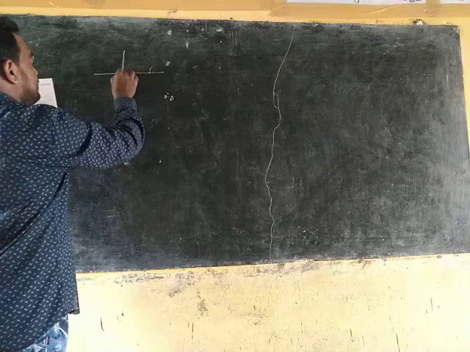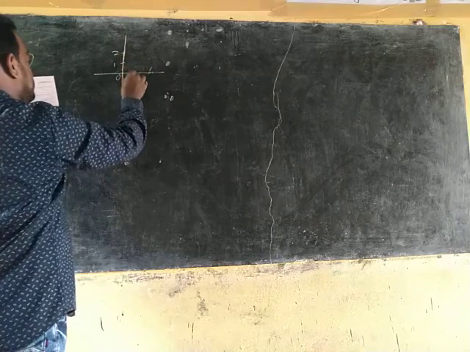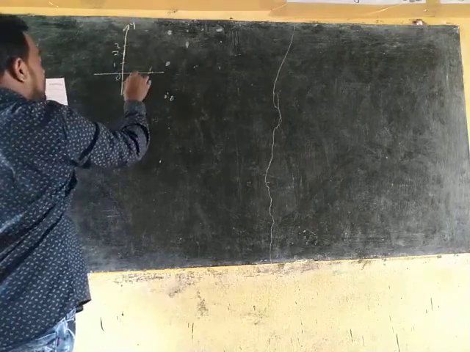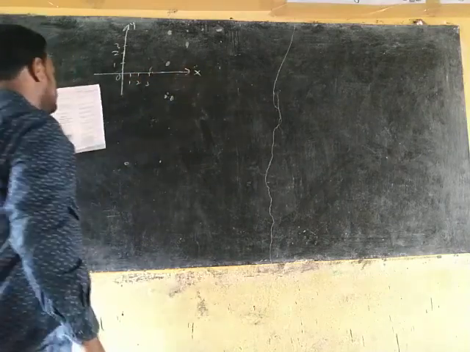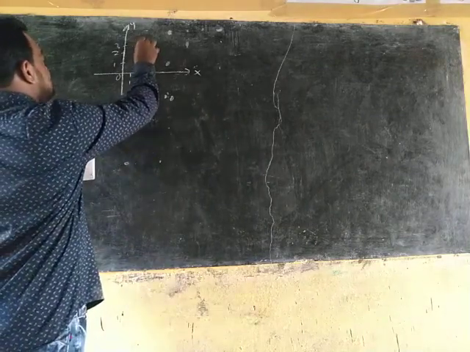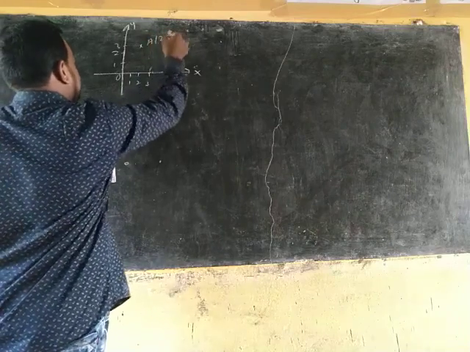This is the origin, 1, 2, 3 on the y-axis, 1, 2, 3 on the x-axis. See, (2, 3) is the given point A, right?